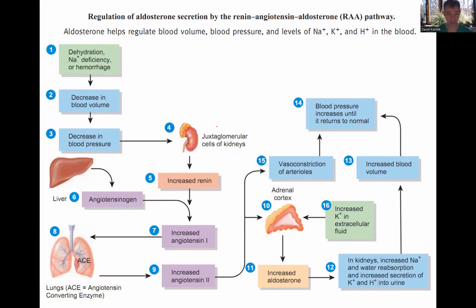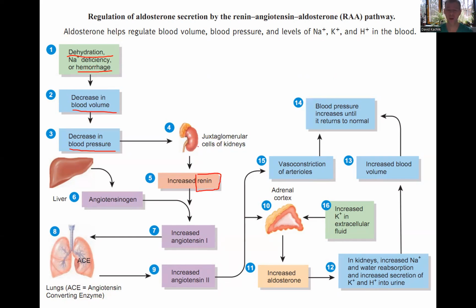So what can happen? In case we have a decrease of the blood pressure, which can be due to a decrease of the blood volume, dehydration, or hemorrhage, what happens? Lower blood pressure means that the mechanoreceptors, the granular cells, find out that the blood pressure is low, so they start to produce renin.